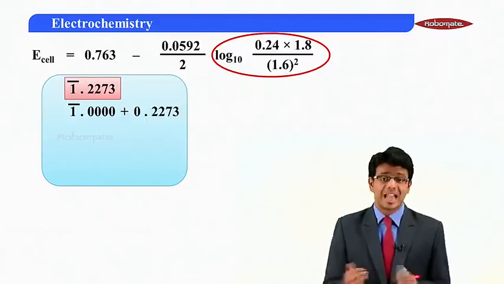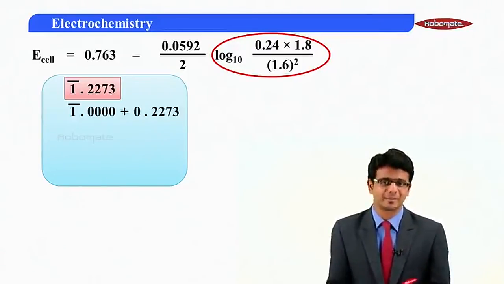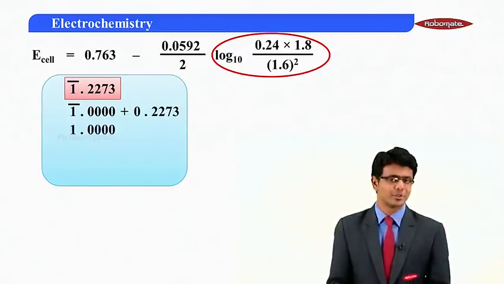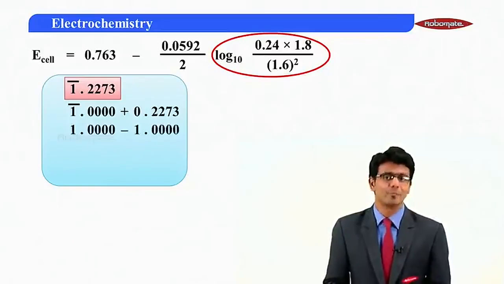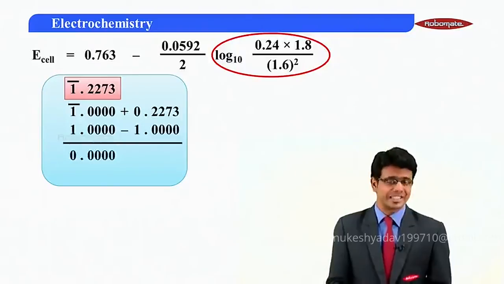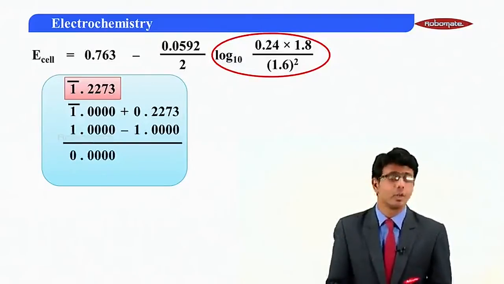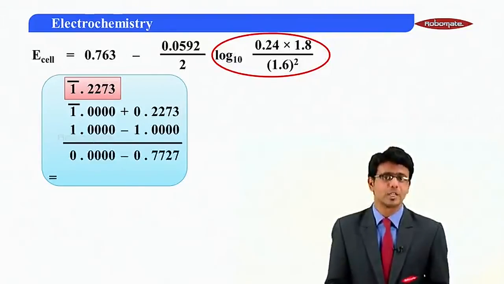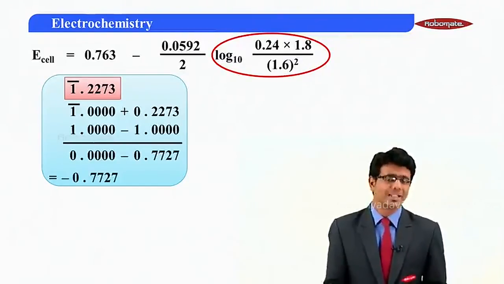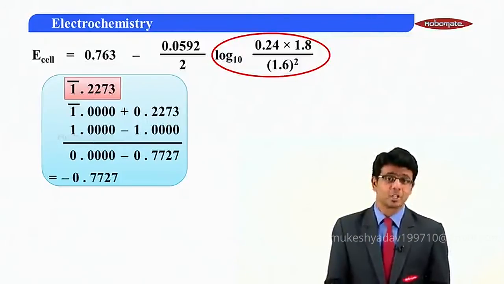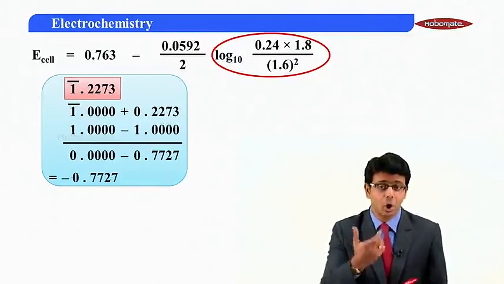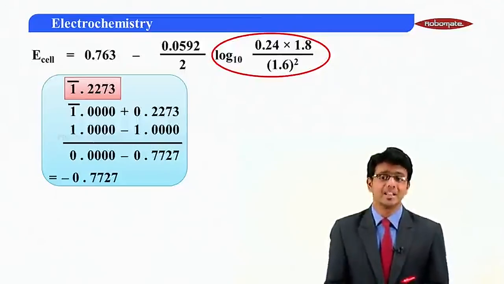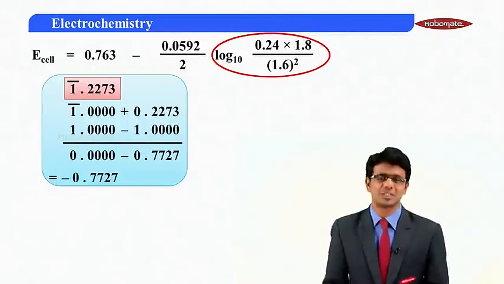We add 1, we subtract 1. So 1.0000 minus 1.0000. What we get here is 0.0000 minus 0.7727. So the overall answer here comes out to be minus 0.7727. So actually the answer for that log term is minus 0.7727.